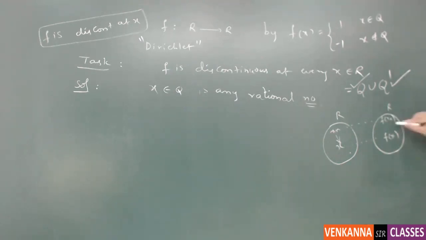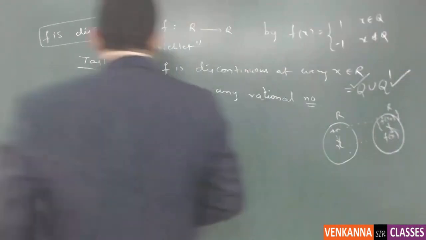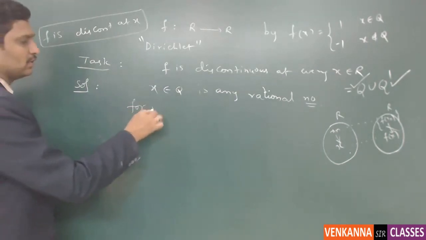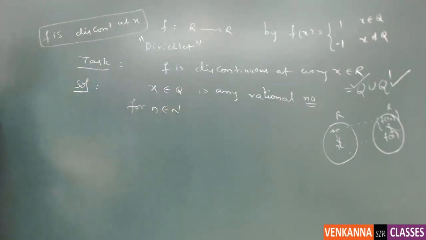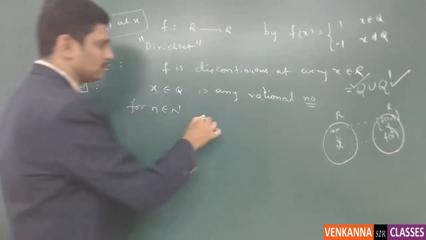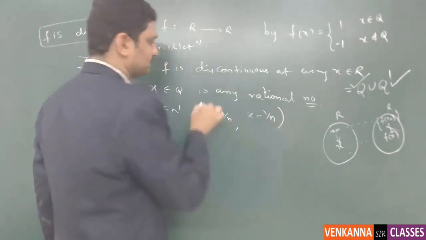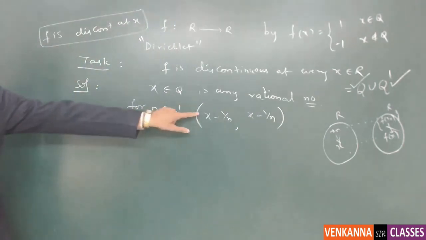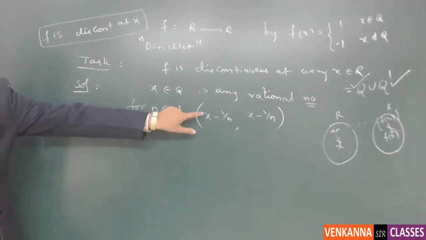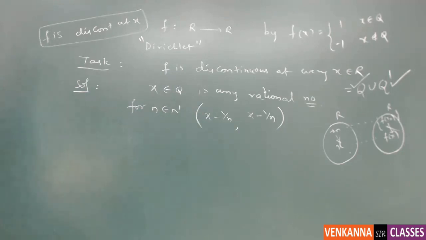So I should prove that f of xn is not converging to f of x. That I should prove. So if you take any interval around x, you can have so many rational numbers and irrational numbers. Accepted?